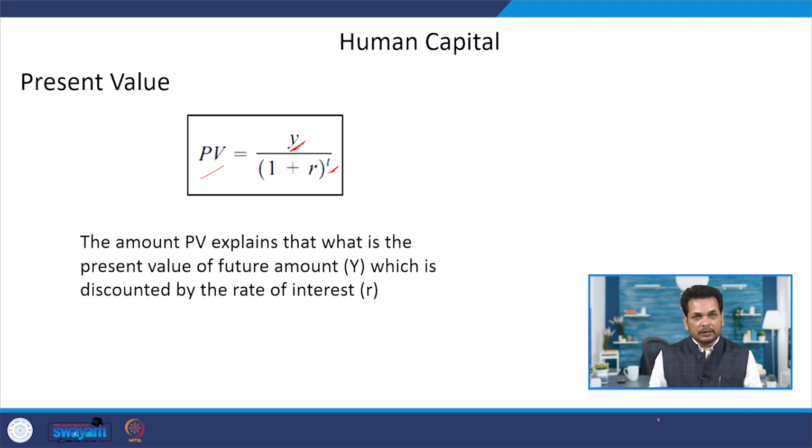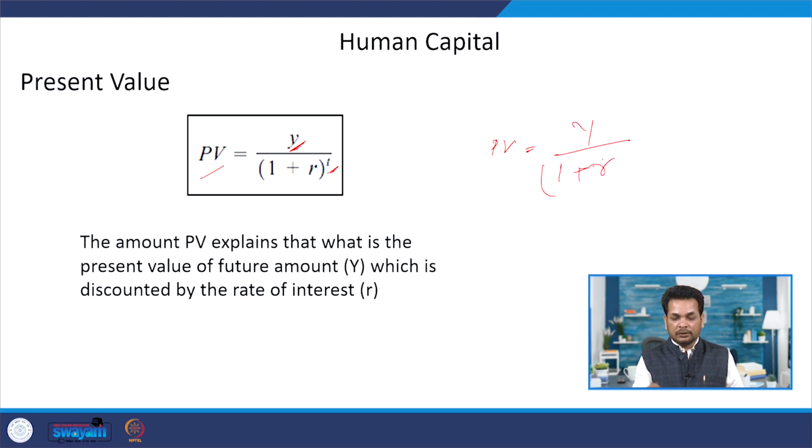So, if the time period is 2, then the present value we can get by Y divided by (1 plus r) to the power 2. So, this is the typical formula which is used to estimate the present value of any future amount which is discounted by some interest rate r.